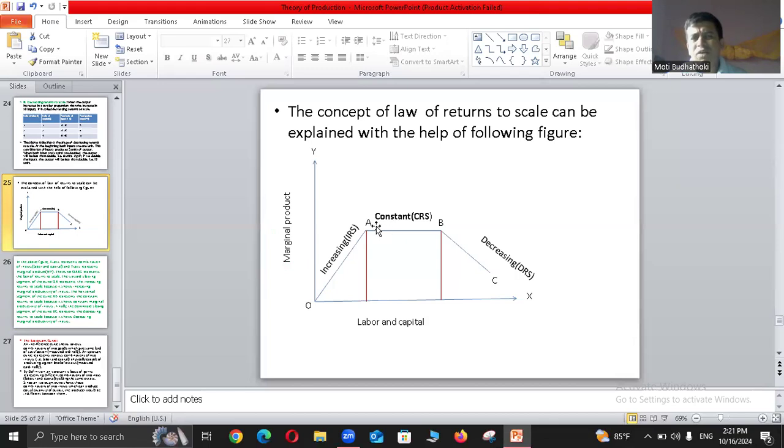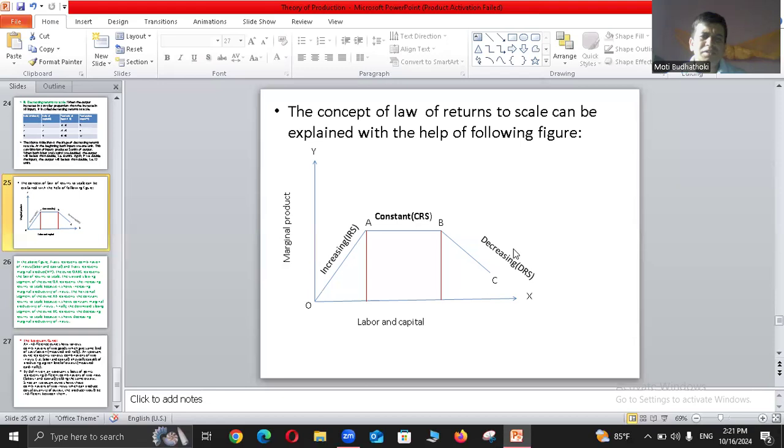So it is known as constant. And from B to C, here it is decreasing. The increase of labor and capital is more than the returns of product. So this type of returns is known as decreasing returns to scale.